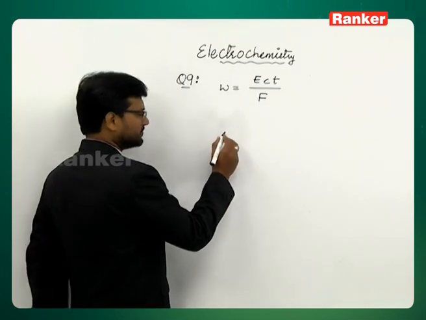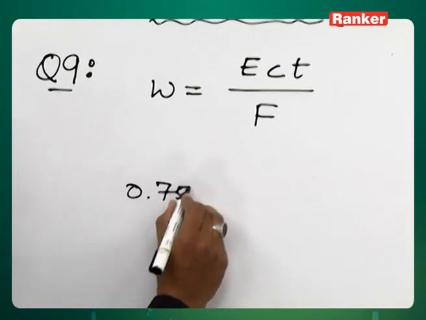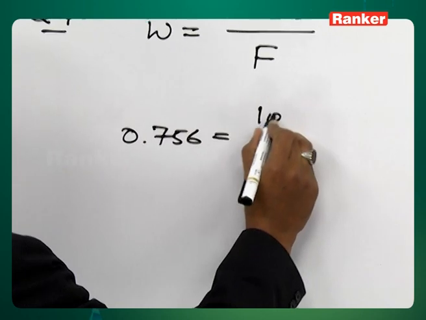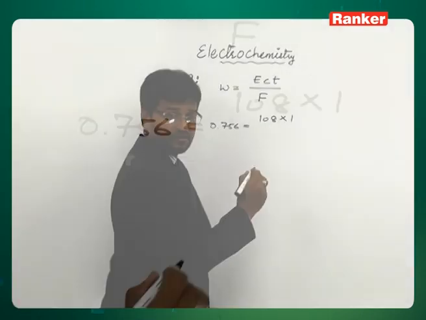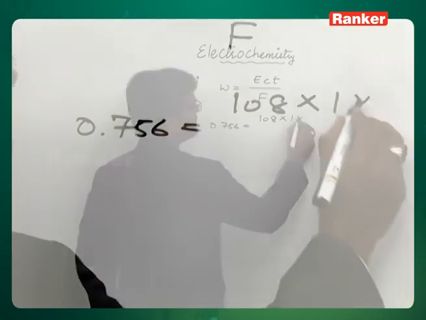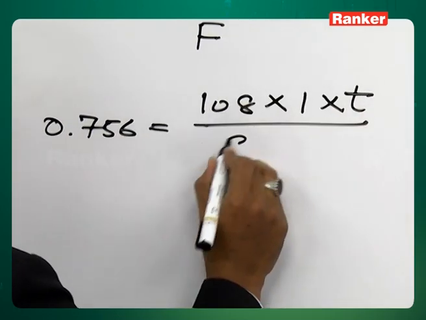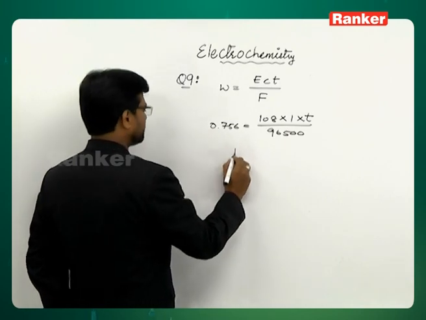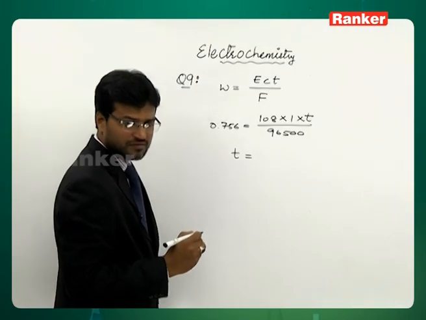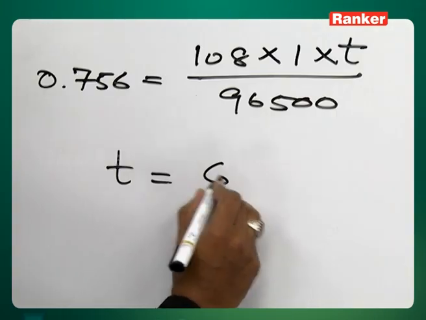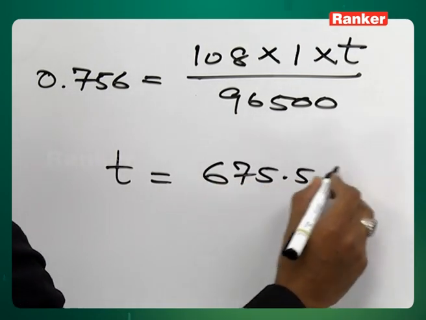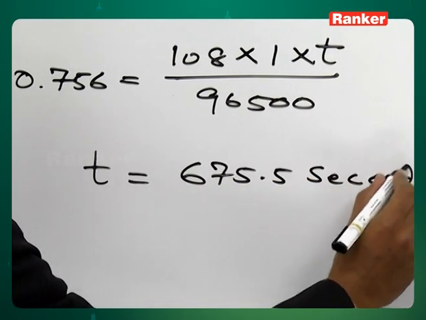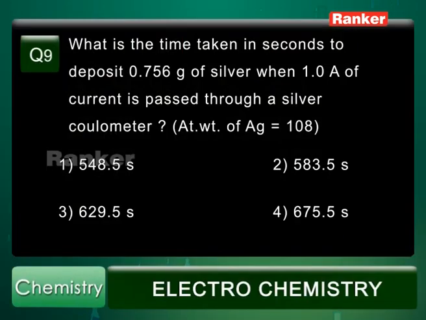If you put all the values, 0.756 equals 108 into current strength, given as 1 ampere, into T, divided by 96,500. Finding T, the value comes out to be 675.5 seconds. So the correct answer is the fourth option.